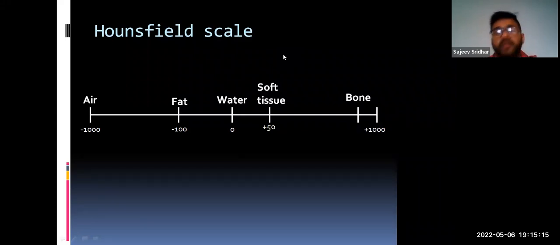Let's just deal with the normal structures first, and then we'll get to pathologies later. CSF is about +15, so it's still a little bit denser than water. White matter would be in the range of about +25, and gray matter would be about 40.